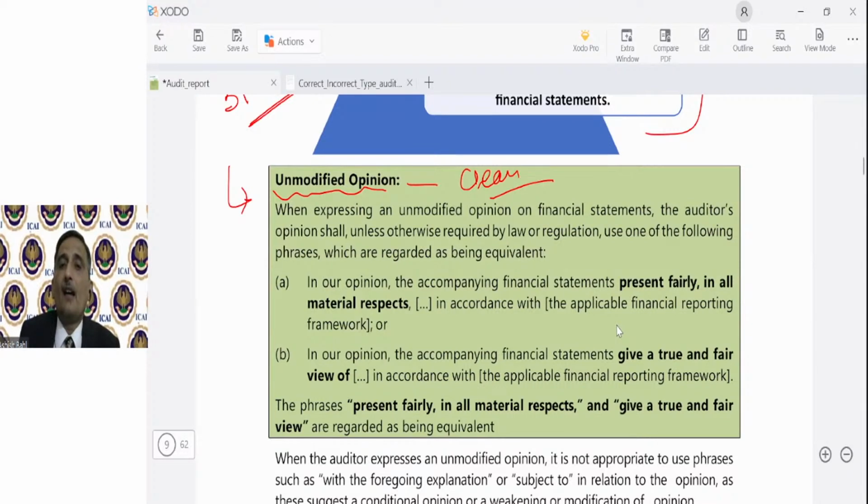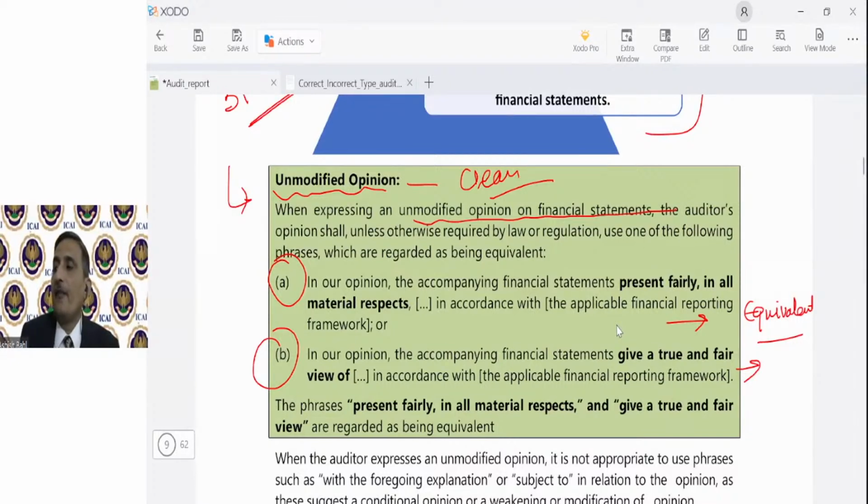So when the auditor expresses an unmodified opinion, okay, he shall express it in two ways. Either he can use this language or he can use this language. These both are regarded as equivalent. Both mean the same.